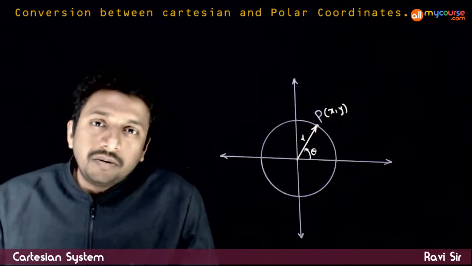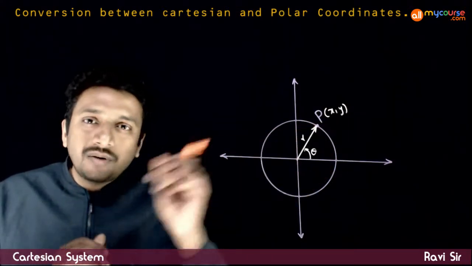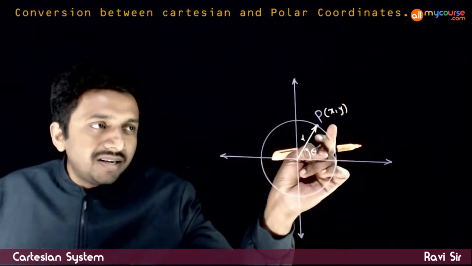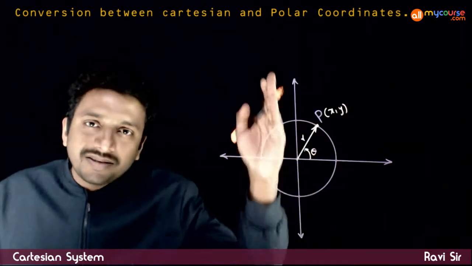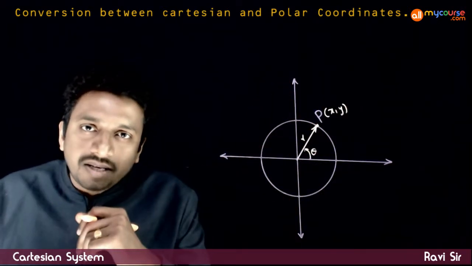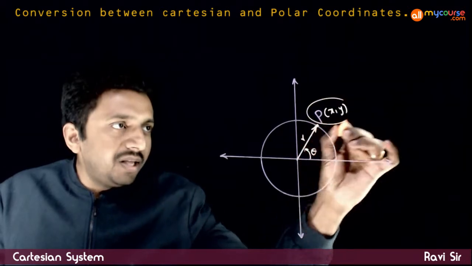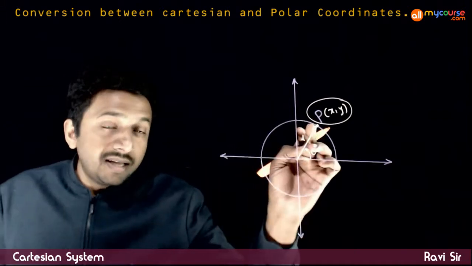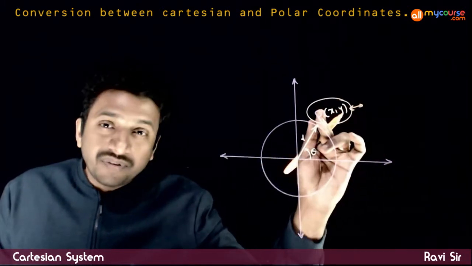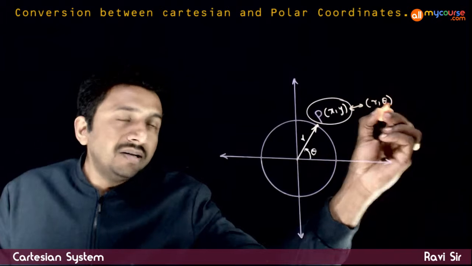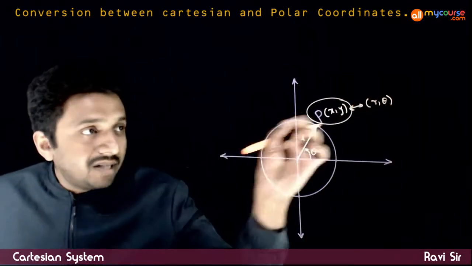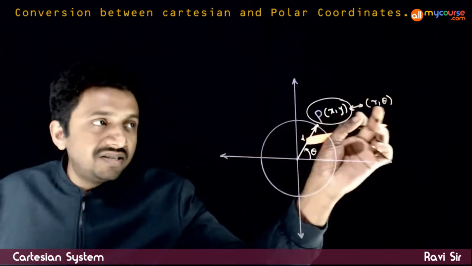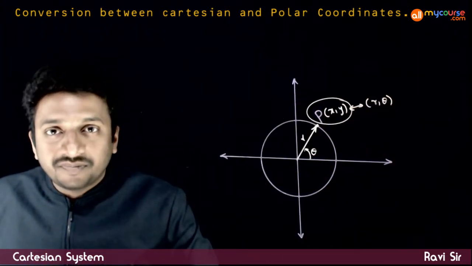So in this video, let us look at how to convert one set of coordinates to another set of coordinates. Let us say that in the coordinate system x dash and y dash, you have a point P whose Cartesian coordinates are x and y, and the polar coordinates of the same point are r comma theta. x and y, r comma theta are coordinates of the same point, one in the Cartesian system, the other in the polar coordinate system.